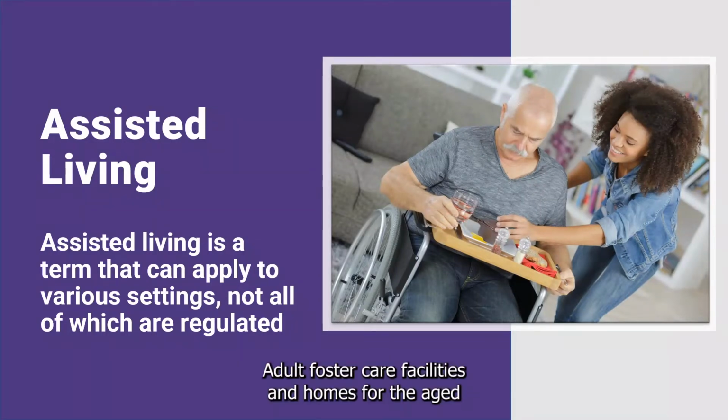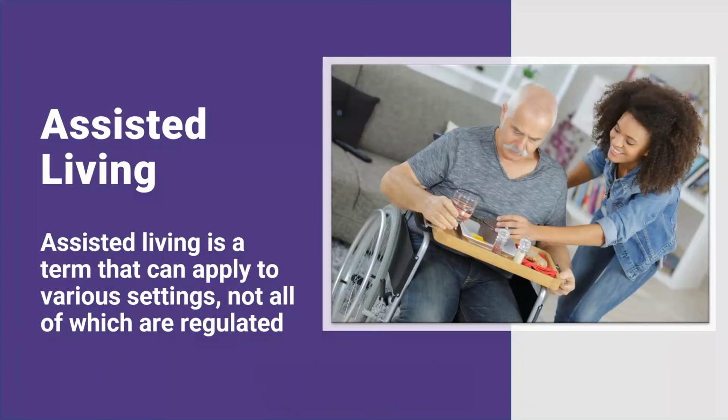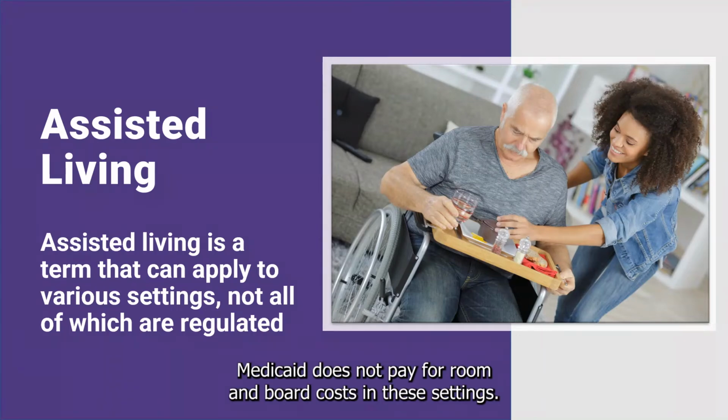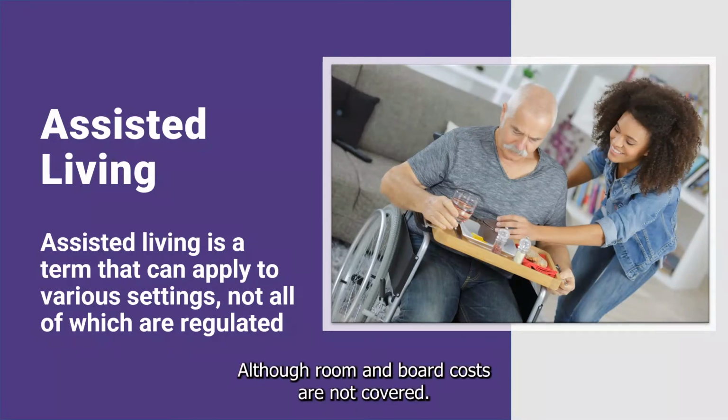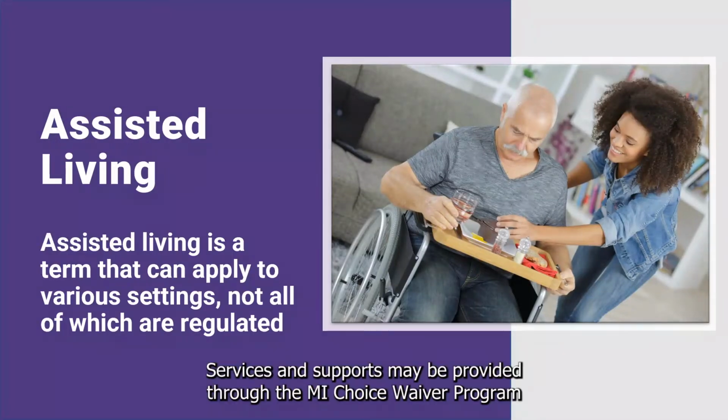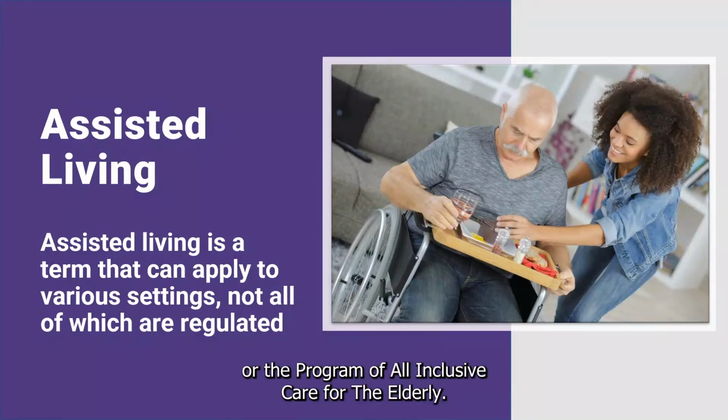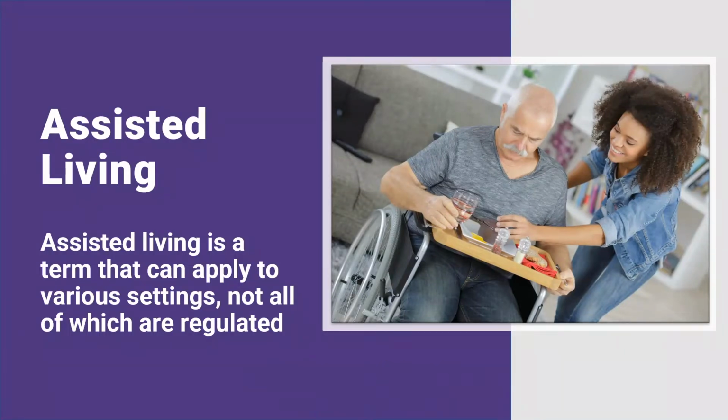Adult foster care facilities and homes for the aged may be referred to as assisted living. Assistance may be offered for daily activities and social and recreational activities. Medicaid does not pay for room and board costs in these settings. Although room and board costs are not covered, services and supports may be provided through the MI Choice Waiver Program or the Program of All-Inclusive Care for the Elderly.